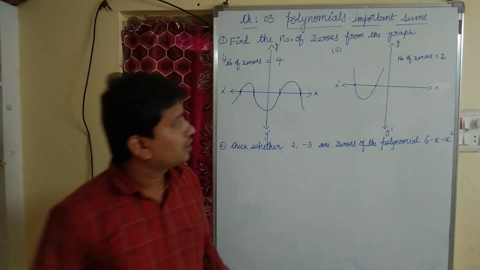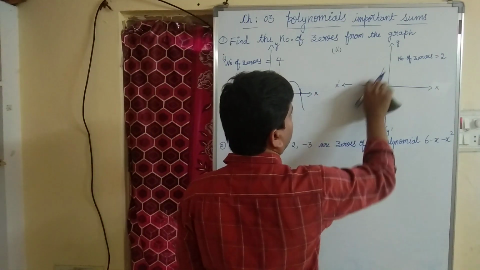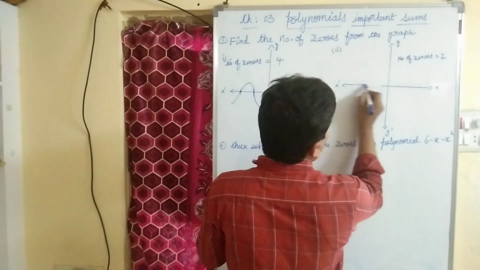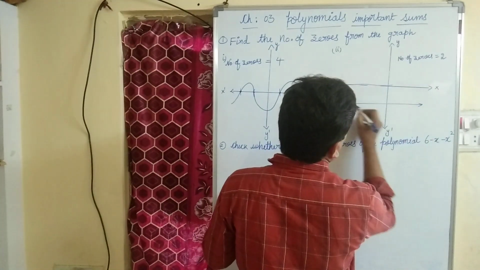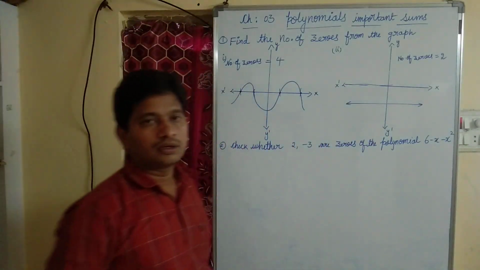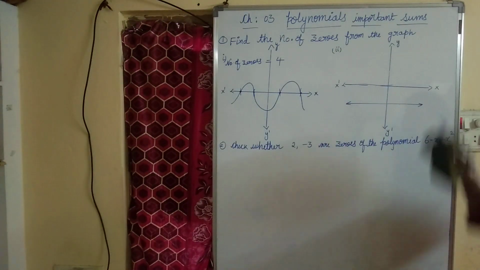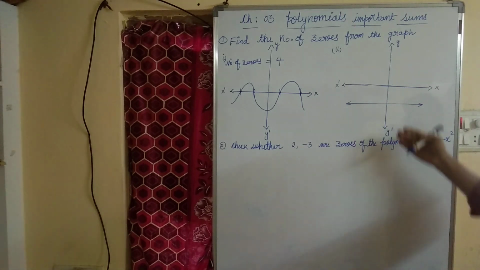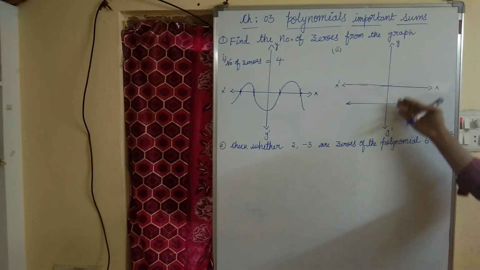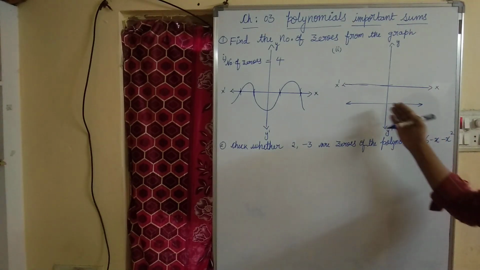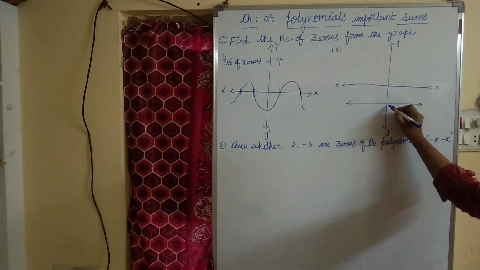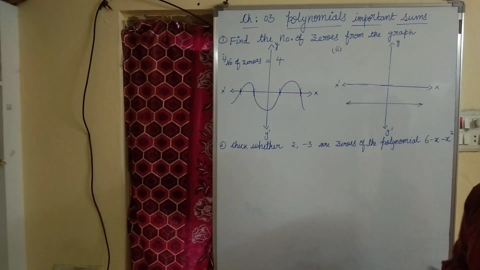For example, they may ask a question like this: can you find the number of zeros from the given graph? If you observe this graph, is it intersecting the x-axis at any point?